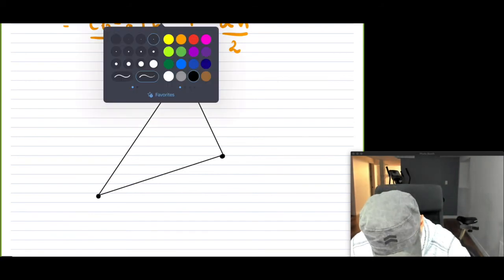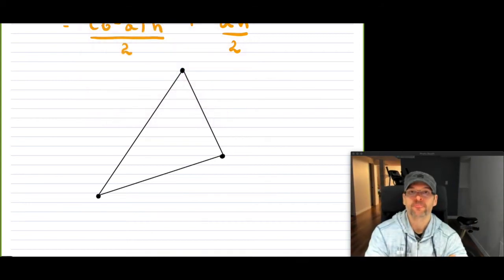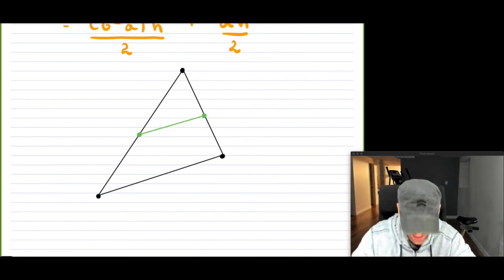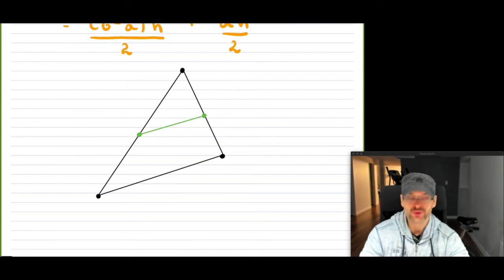Now, if you say, find the midpoint, let's say the midpoint on this line was somewhere here, and the midpoint on this line was somewhere here. And if you connect these two, now you can do quite a lot of different things.